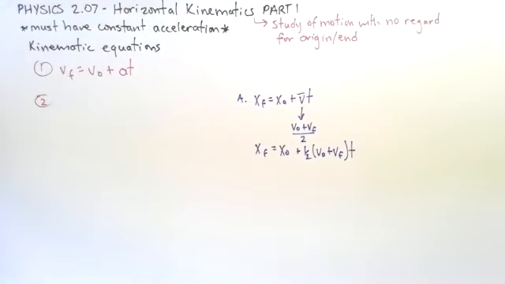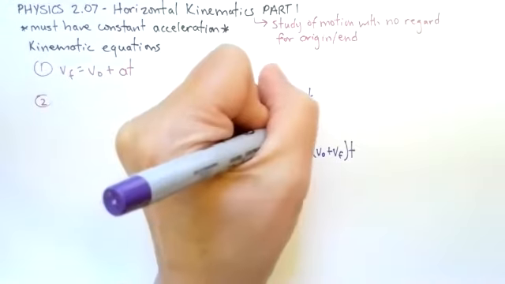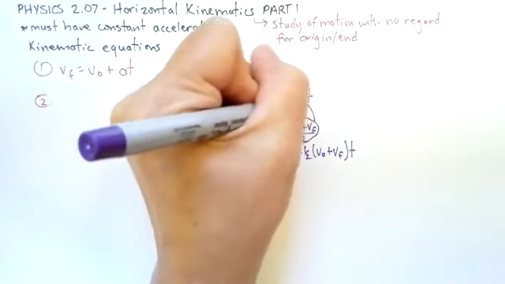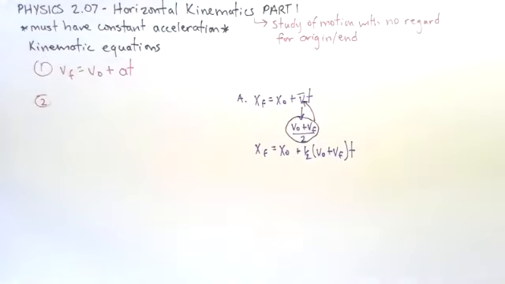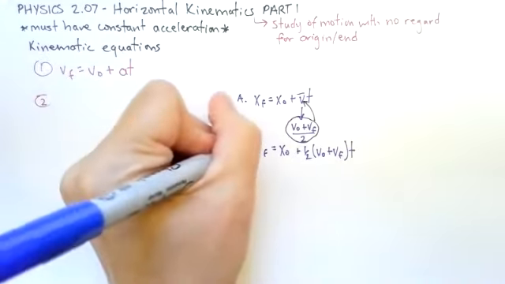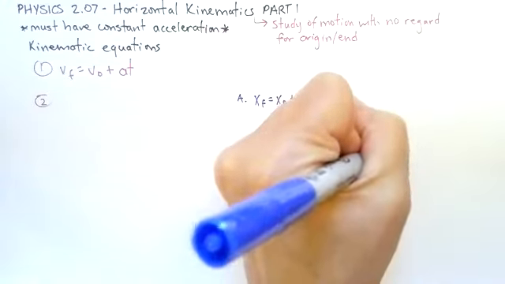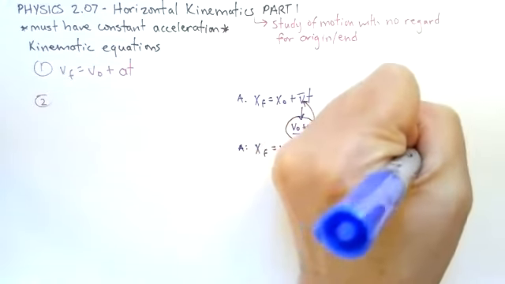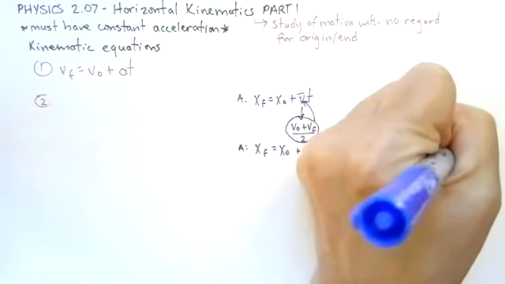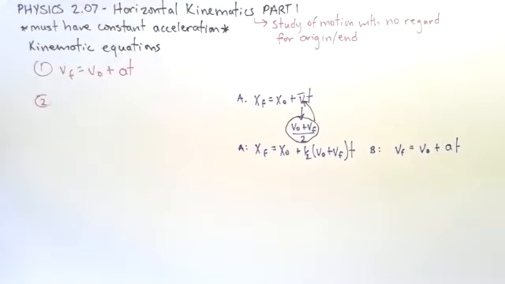All I did was I took this and popped that in for that. So this is equation A, and equation B is v sub f equals v sub o plus at. I'm going to give you an assignment, and I'm going to have you pause the video and take a crack at this.